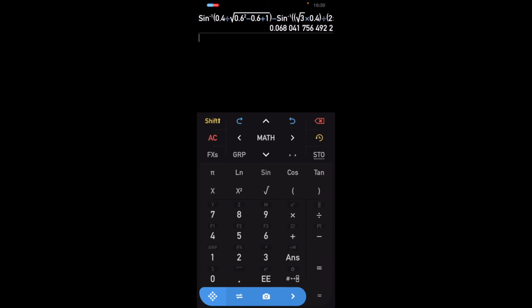And now, to visualize this, I'm more familiar with the degrees system, so I'm going to convert that into degrees, by dividing by pi and then multiplying by 180, which gives us an answer of 3.899 degrees. And I think 3.899 degrees is quite a reasonable answer.